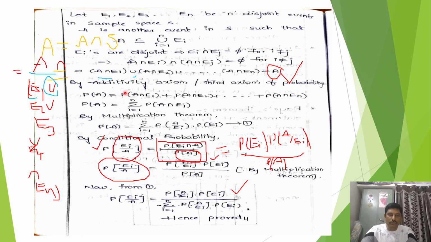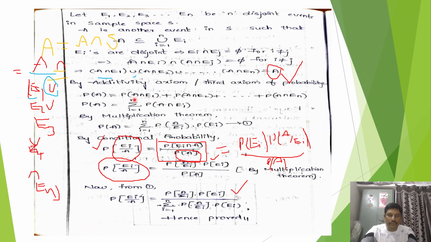P of A is equal to P of A intersection E1 union A intersection E2 union so on A intersection En. Now according to the additive axiom, because all these events are mutually disjoint events, because A intersection E1 intersection A intersection E2 is equal to phi, therefore in the place of union, according to the additive axiom of probability, we can replace with a plus sign.